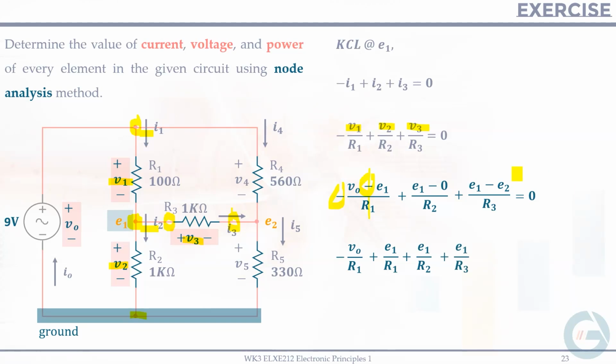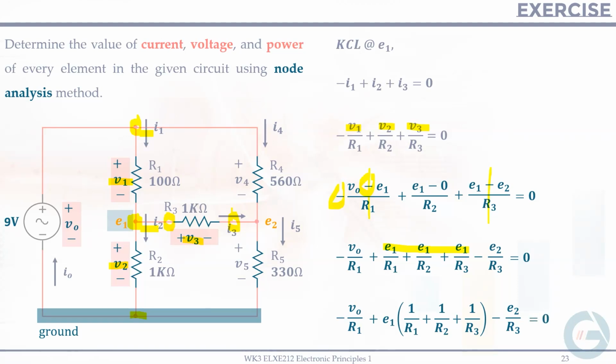So we separate this one. Minus E2 over R3 equals 0. The next step is to factor out these common terms. So we have negative V0, E1 times 1 over R1 plus 1 over R2 plus 1 over R3, minus E2 over R3 equals 0.